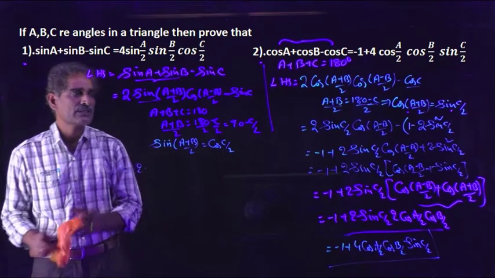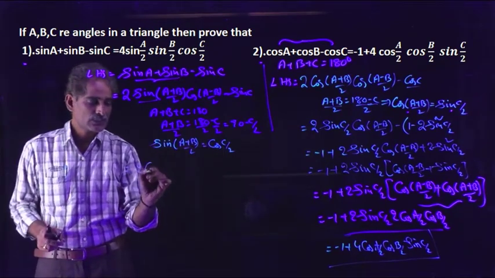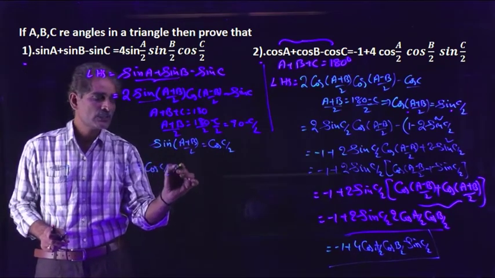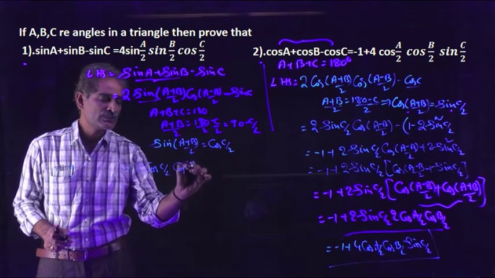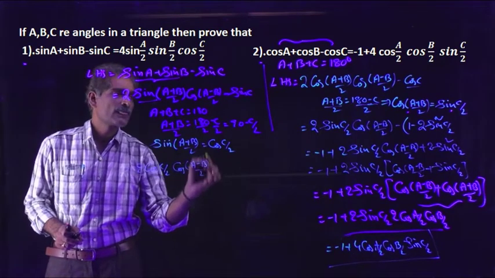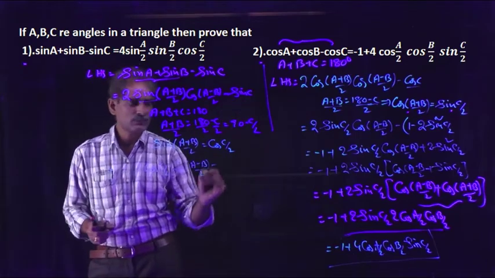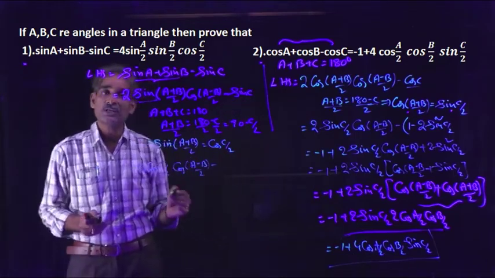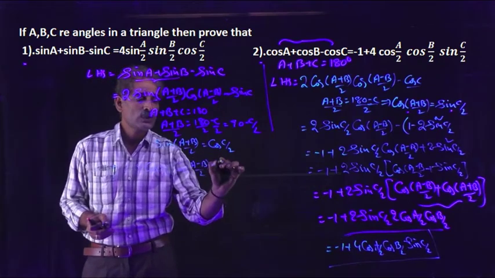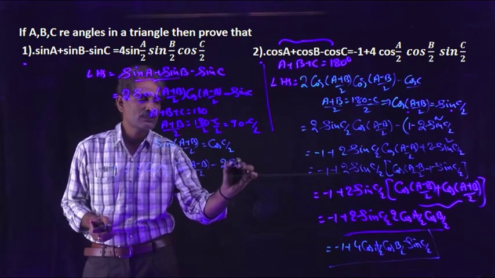Okay, replace sin((A+B)/2) by cos(C/2). Cos(C/2), already cos((A-B)/2) is there, minus, so try to express sin C all in terms of C/2. sin 2 theta equals 2 sin theta cos theta. Similarly, sin C equals 2 sin(C/2) cos(C/2).